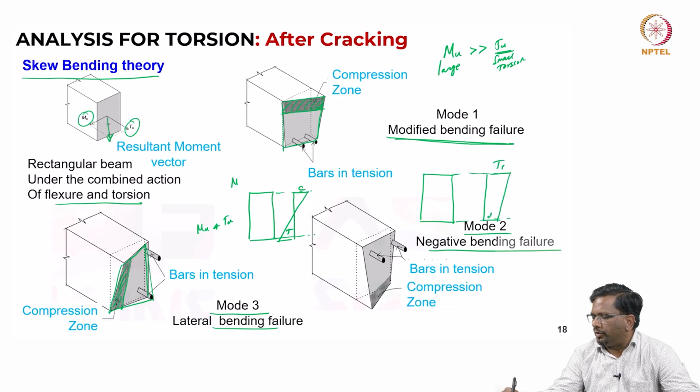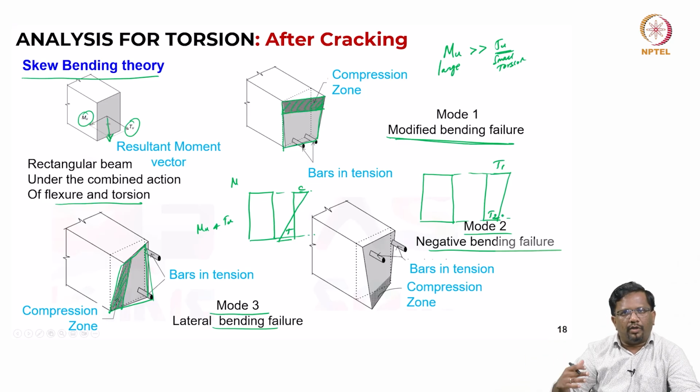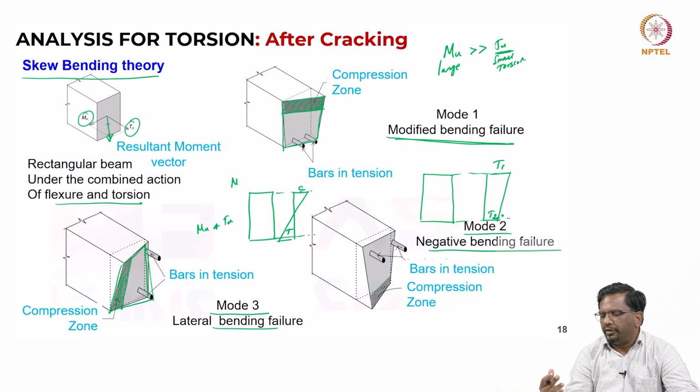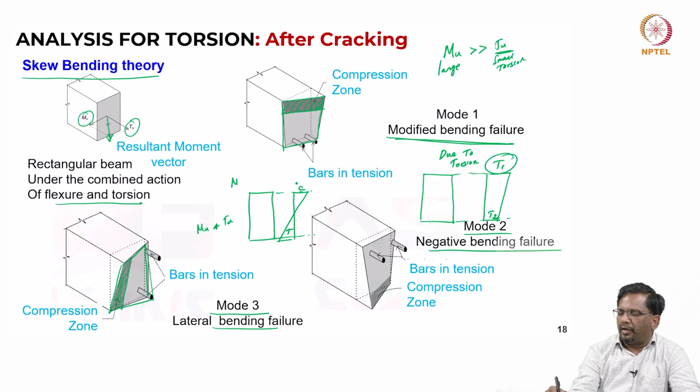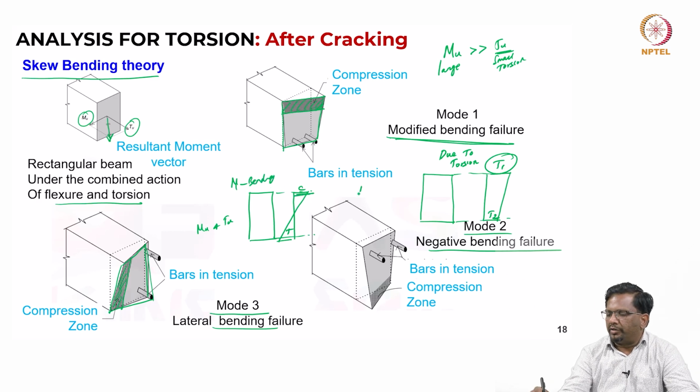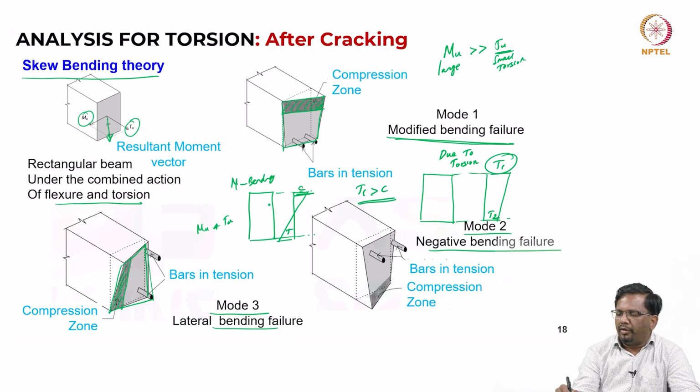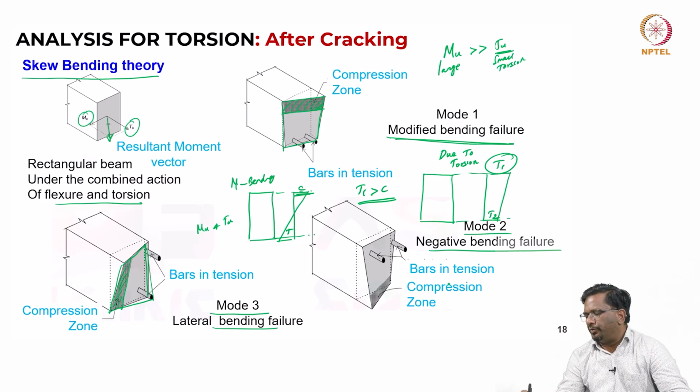Let us say this is T1 and T2. All across the depth you will have tension. So, what can happen is, let us say this is due to torsion, I am creating tension here, and due to bending, I am creating compression here. If this T1 is greater than C that is coming from bending, then what will happen? The net effect will be tension at the top as well, right. So, that is what we are saying here.